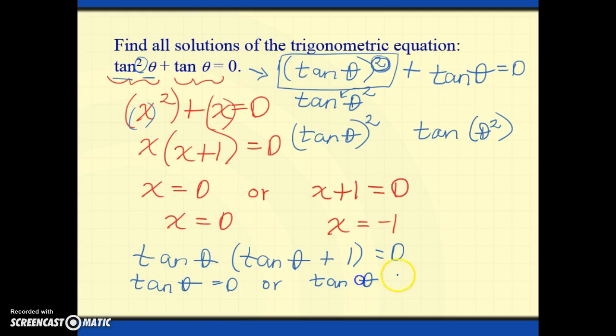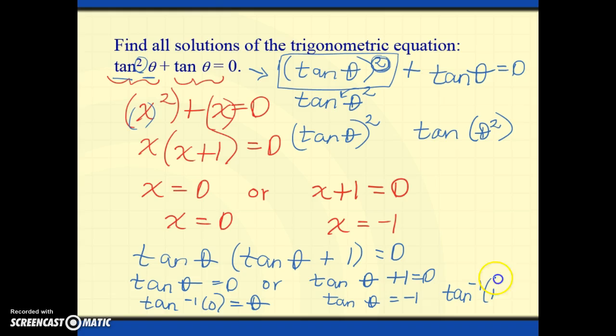Tangent of theta plus 1 equals 0. So the tangent inverse of 0 is the theta measure that I'm after. And here's tangent of theta equals negative 1, which, again, if I was going to write it as an inverse function, it would look like this.